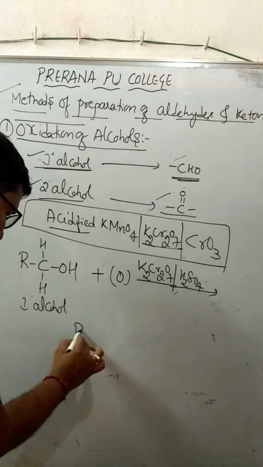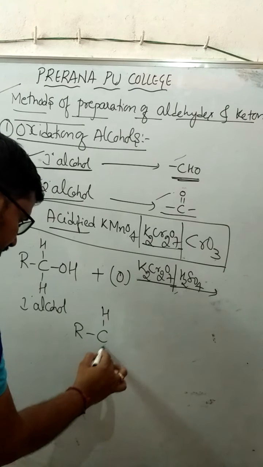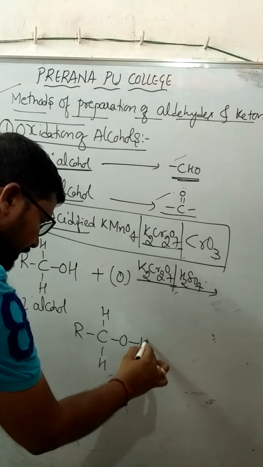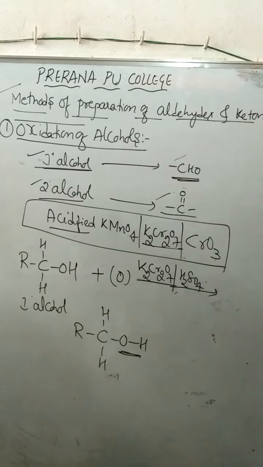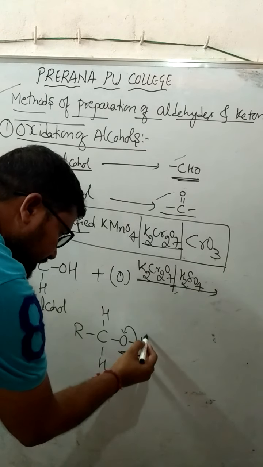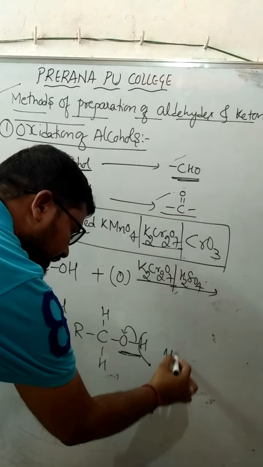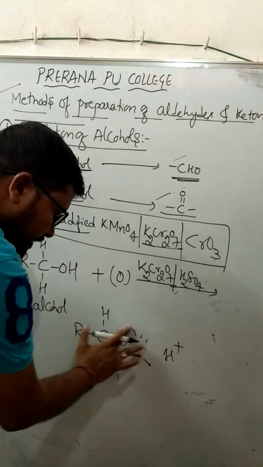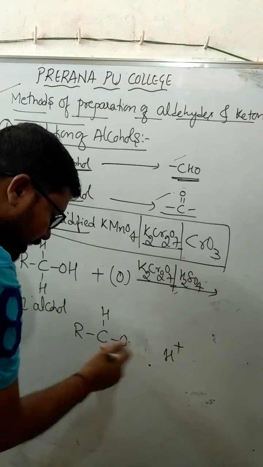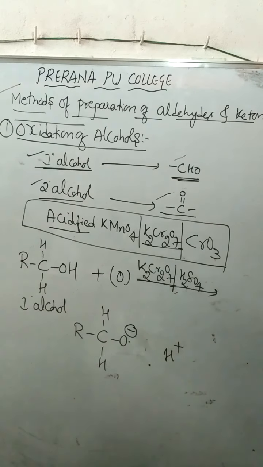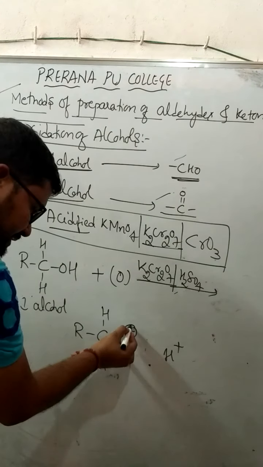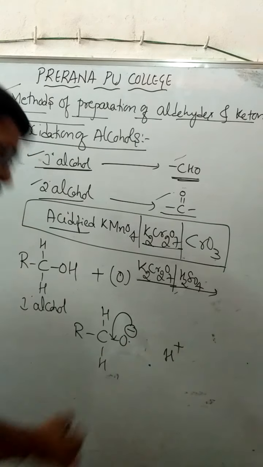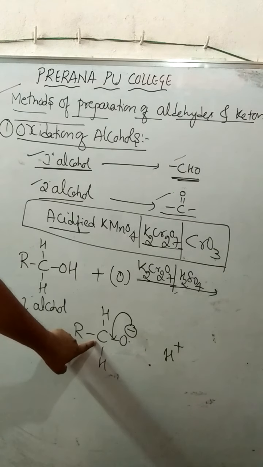So separately I'll write the explanation here. This is RCH2OH. We know that oxygen is more electronegative in its nature. It pulls the electron density towards itself such that the hydrogen gets eliminated as a proton. When this hydrogen gets eliminated as a proton, oxygen will get a negative charge, so that this negative charge gets displaced between carbon as well as oxygen, such that carbon becomes pentavalent in its nature.